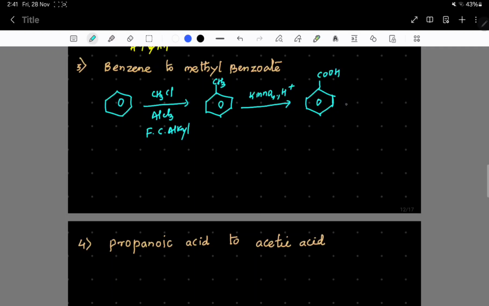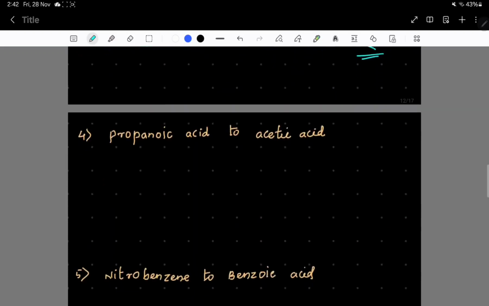Then this COOH reacts with methyl alcohol, ester formation takes place with loss of a water molecule, and you get COOCH3. This is called methyl benzoate. So first benzene to toluene, toluene to benzoic acid, and benzoic acid to methyl benzoate.